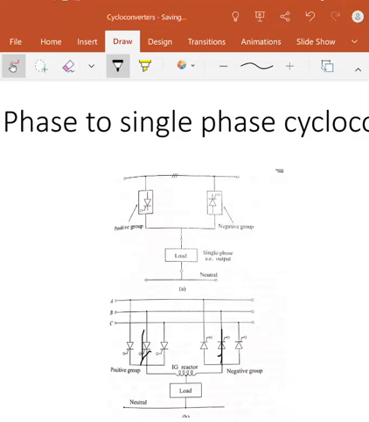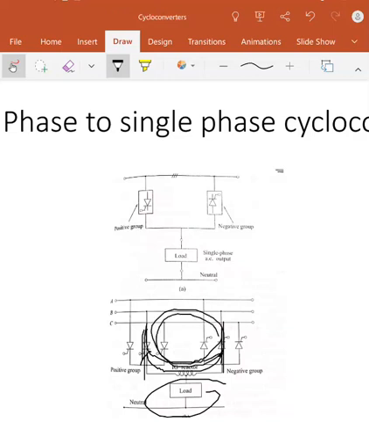Then the voltage at this limb and the voltage at this limb may be equal in amplitude, but there might be a little bit of instantaneous voltage difference between them. Because of that, a current will flow from here to here, which will never go to the load. So that current which is circulating among these phases is called the circulating current.